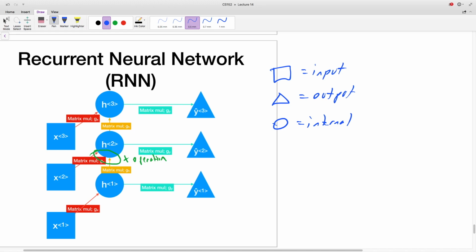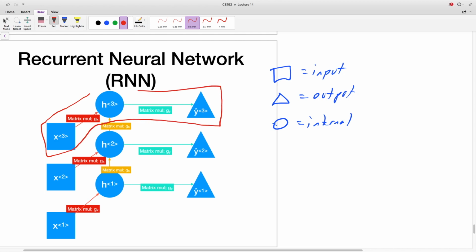All right, we can rewrite this by taking advantage of the similarities between here and here.